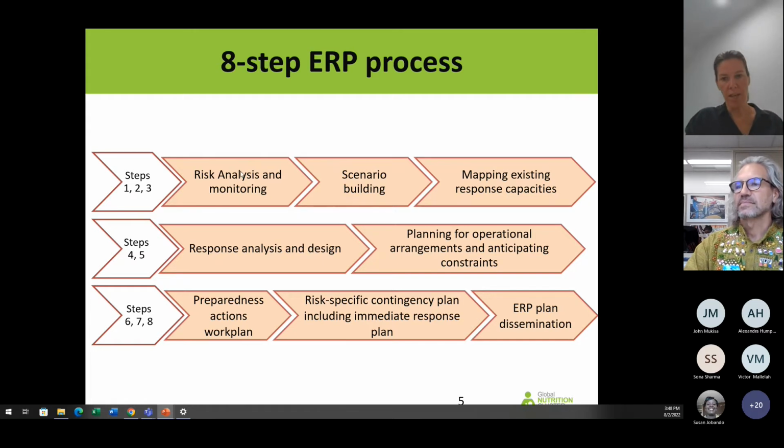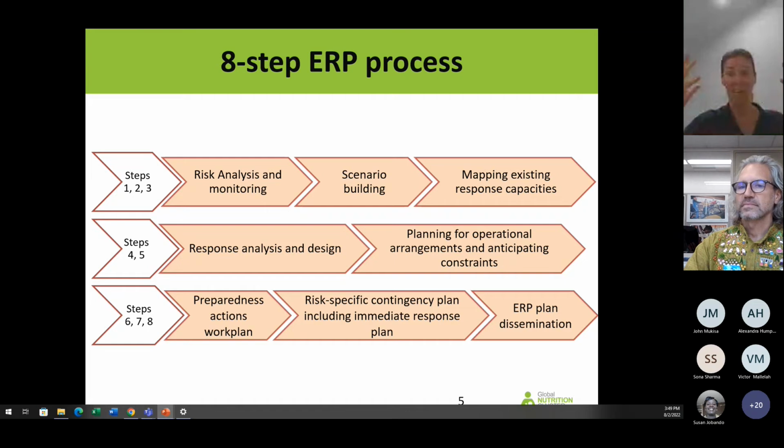The first 3 steps are, like the IASC advises, to first understand your hazards and do your risk analysis and monitoring. And then for hazards that have a medium to high gravity, very likely will happen and have a significant impact, you enter into a more advanced level of preparedness.